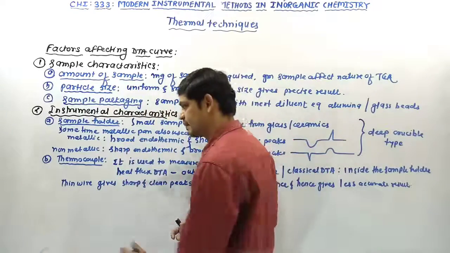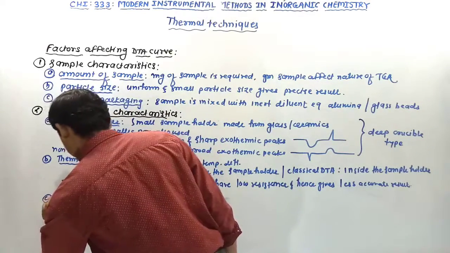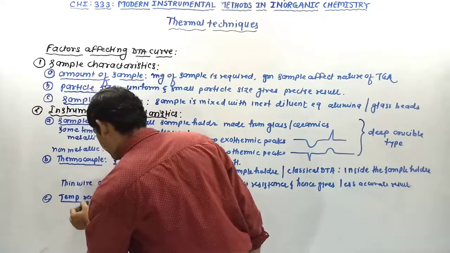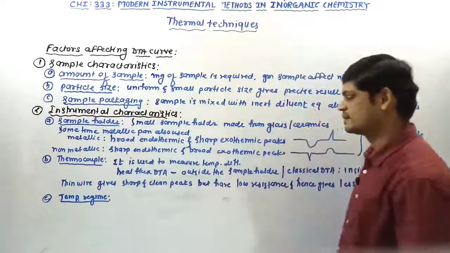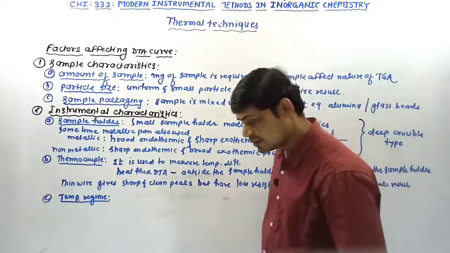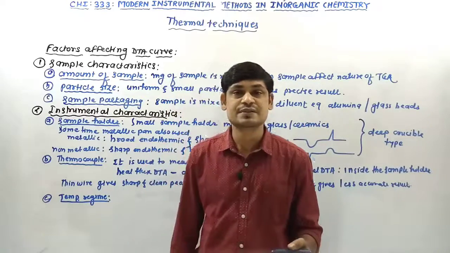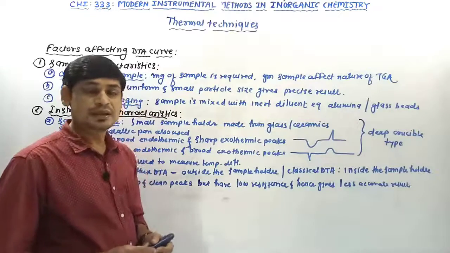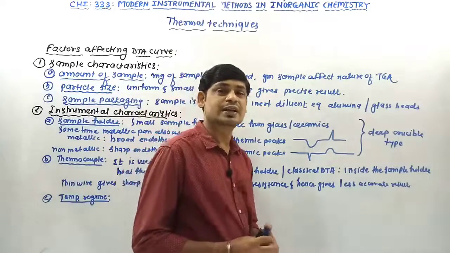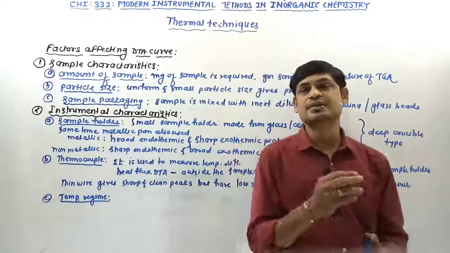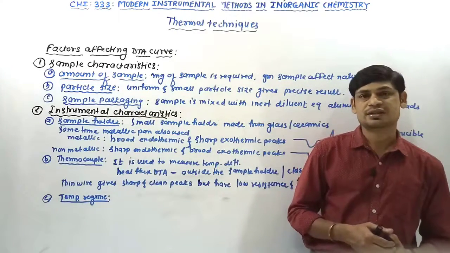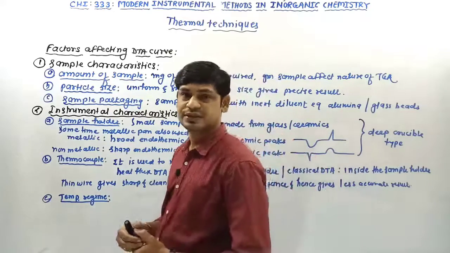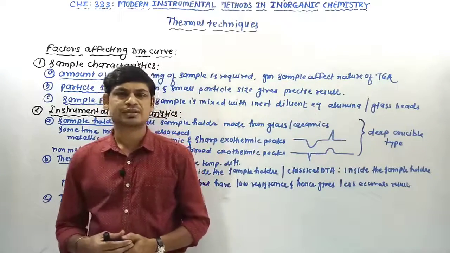Temperature regime. It is nothing but the heating rate. Actually, in a DTA, the sample is heated at a high rate in comparison with TGA, approximately 10 to 20 degrees Celsius per minute is suitable.